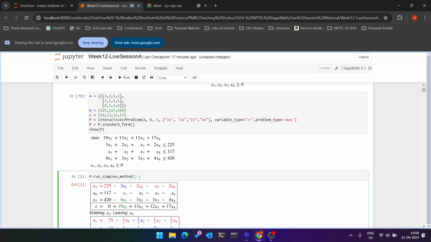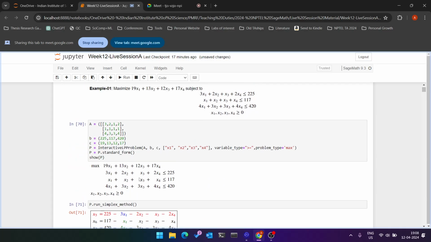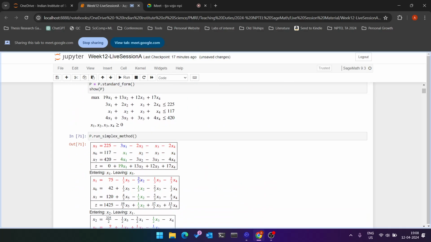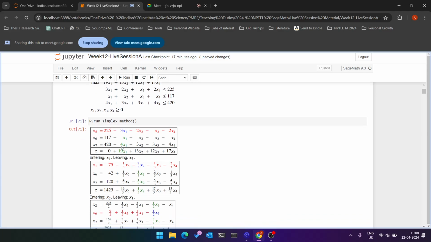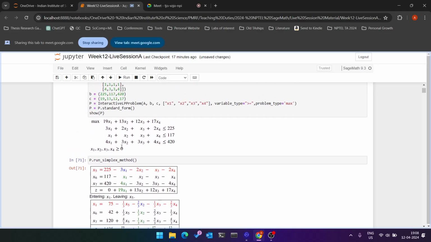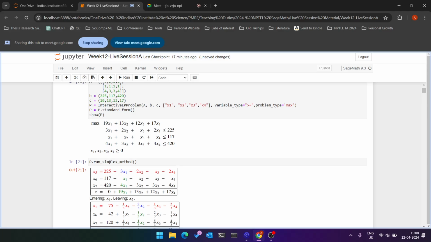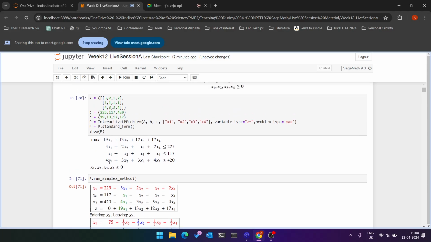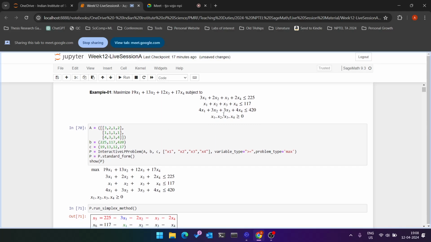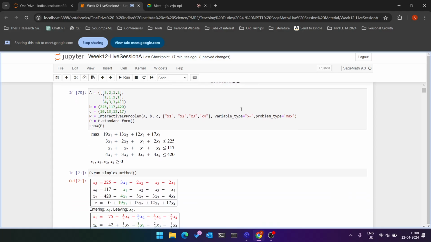The easiest method to tackle such a problem would be the simplex method, which we have already seen in the previous classes. To do so, we first need to identify whether certain slack or surplus variables are required. Because all three constraints are less than or equal to, we need to add slack variables to convert them into equalities.